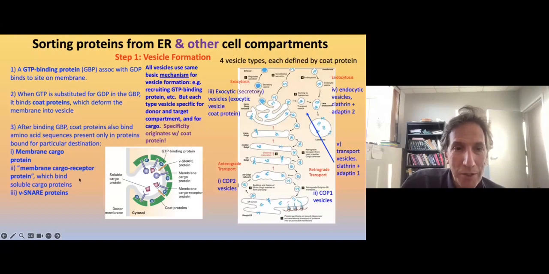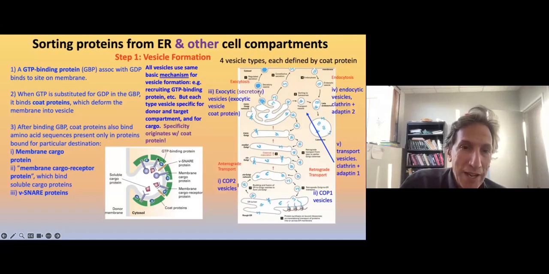So particularly, you want to sometimes carry soluble proteins. Those proteins are not going to be able to bind to the coat protein, which is outside the membrane, but they'll bind to these membrane cargo receptor proteins.